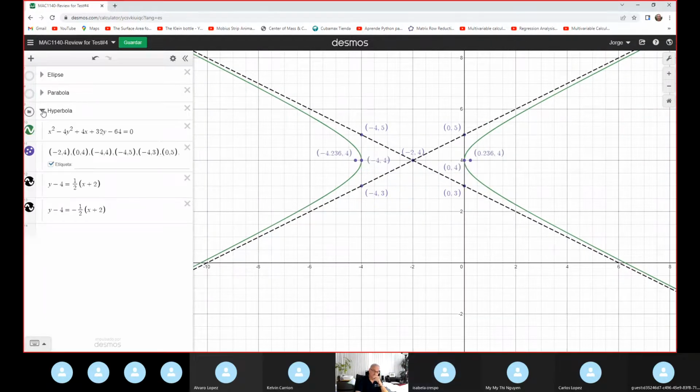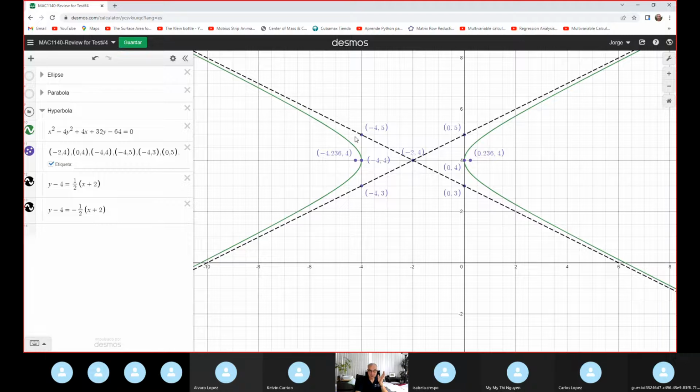Yes. Okay, I just copied the original equation. I also copied the equation for the asymptotes passing through the center, the vertices, and the foci.